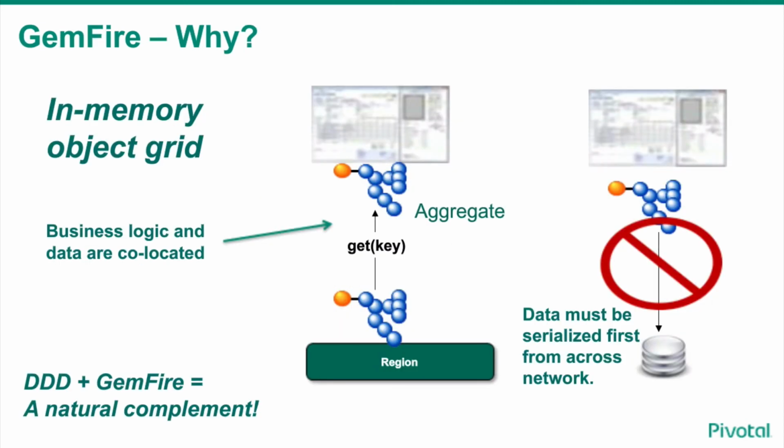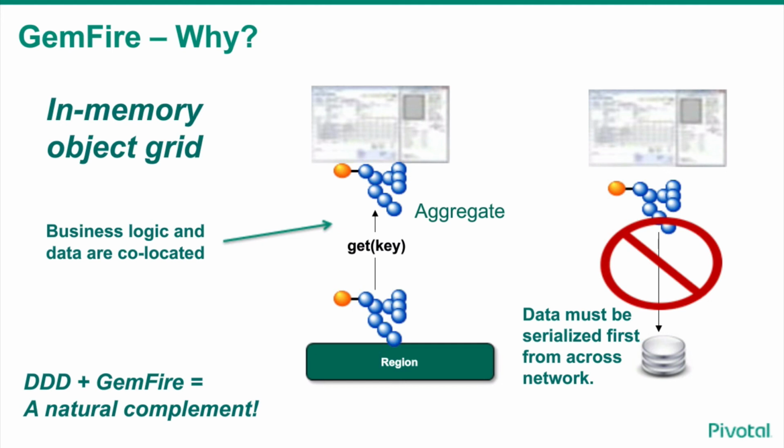GemFire, why? Well, it's because GemFire and domain-driven design are a natural complement. How is that? Because with GemFire, if my application gets data from my data store, or a region as it's called in GemFire, I'm getting the object. So my data is in the object, or the aggregate, and I've got my business logic around the object.